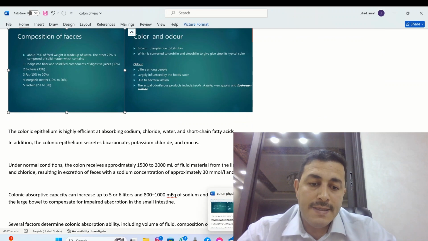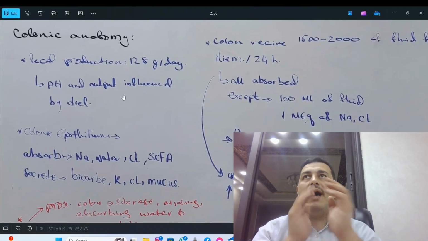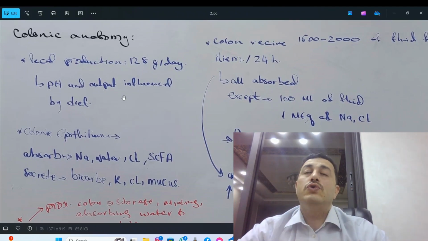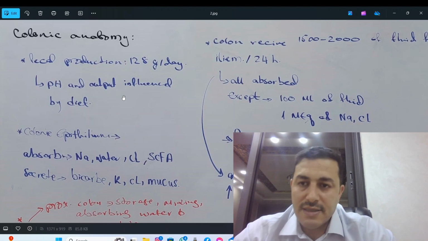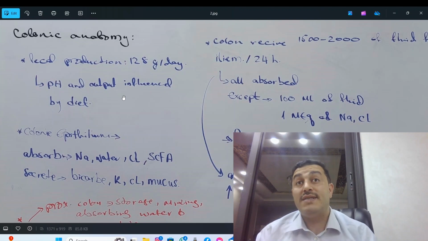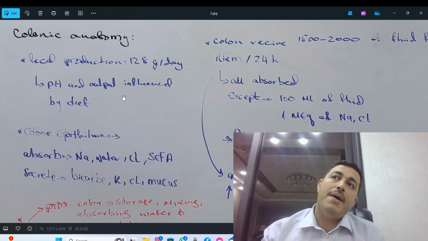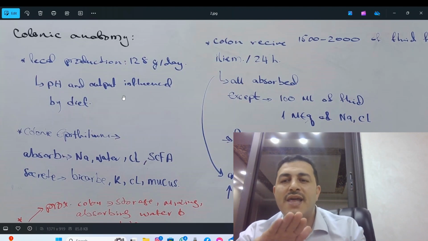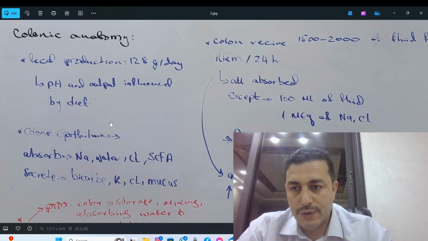Okay, let's review. Actually the pH of the colon, the content of the colon, due to the bacteria is acidic, but with the excretion of the bicarb it will neutralize. We said that the colon will secrete the bicarb inside the colon, and this will neutralize the pH of the content of the colon.